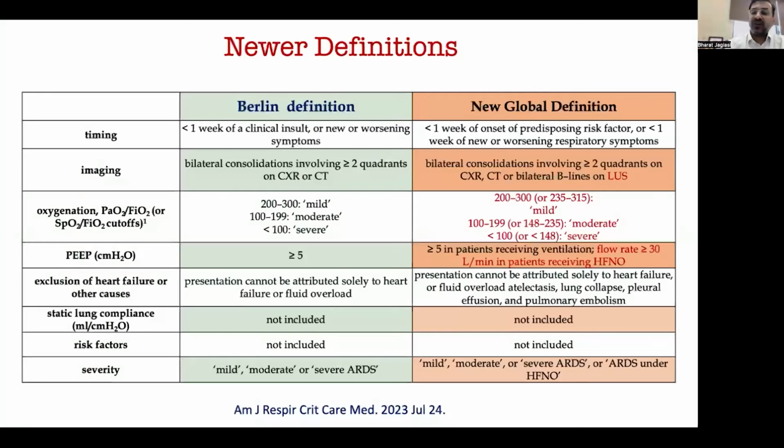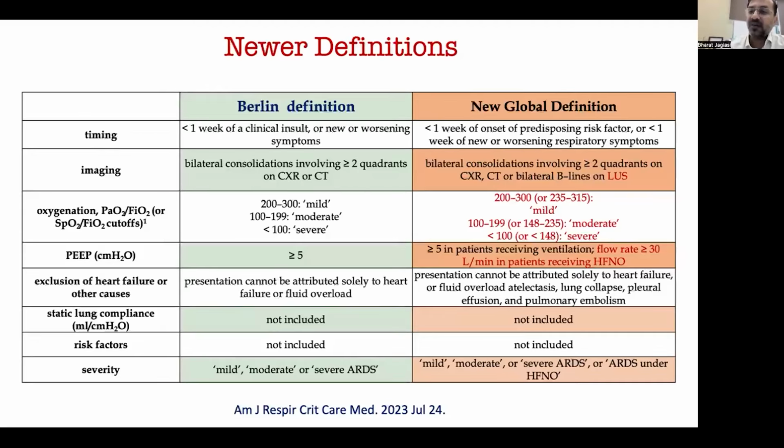So this is where the new definition came in, which in terms of timing almost remains the same. When it comes to imaging, they have added lung ultrasound to look for bilateral B lines. In classification, they've also added the SpO2/FiO2 cutoff for resource-limited settings. And it was mainly about the PEEP. Because HFNC was more used in COVID and we've been using HFNC in ARDS.